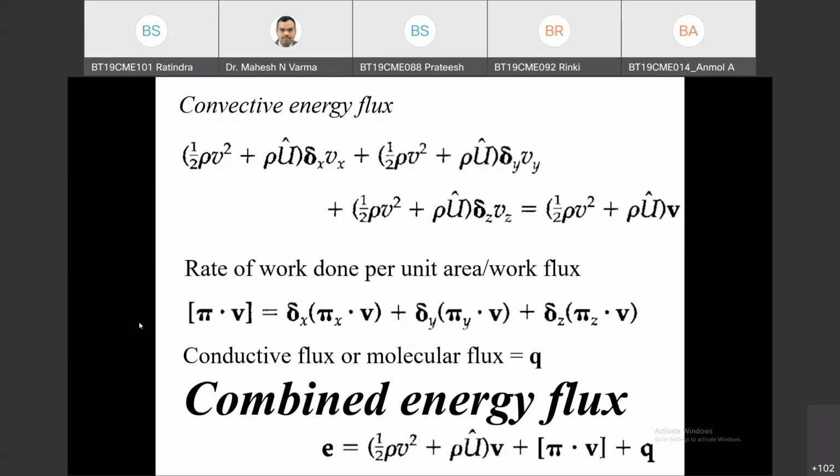Roll number 92. Roll number 93. Sai. Roll number 94. Can you explain what is given on the slide?